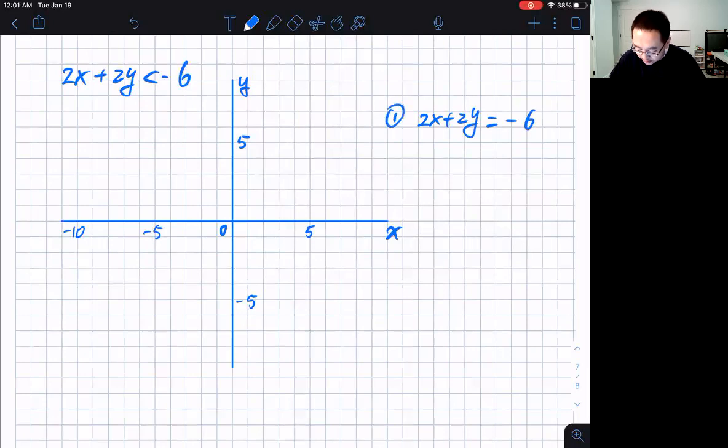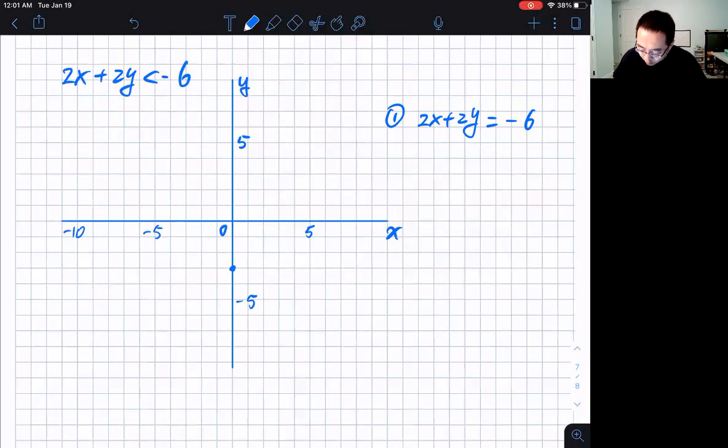The easiest way to do this is to find your x and y intercepts. When x is 0, you have 2y equals -6, which is y equals -3. That's this point right here, your y-intercept.